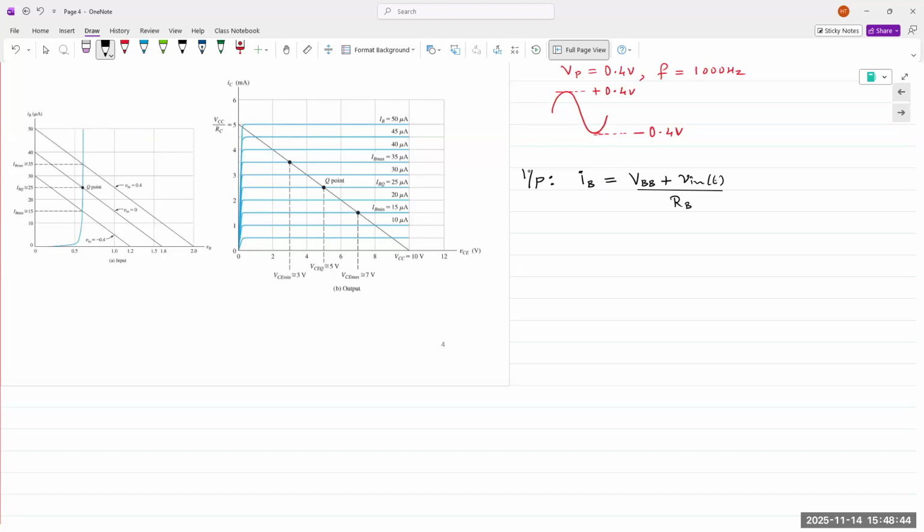Q point means just the values of the voltage and the current without any AC input applied. It's solely due to the DC voltages. So IBQ means just my VBB, V in of T is equal to 0. So 1.6 divided by 40,000 gives me 40 microamps. Does that make sense to everyone?